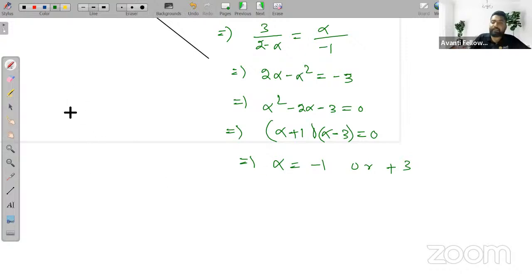And we know it is given in the question that alpha 1 is less than alpha 2. That means alpha 1 becomes minus 1 and alpha 2 becomes 3.